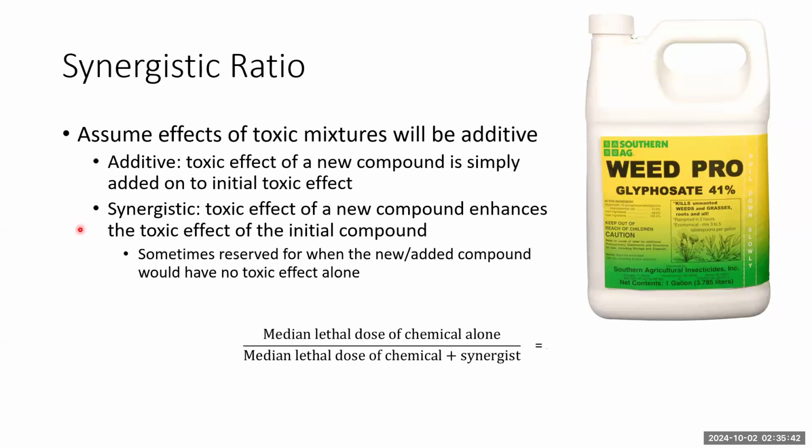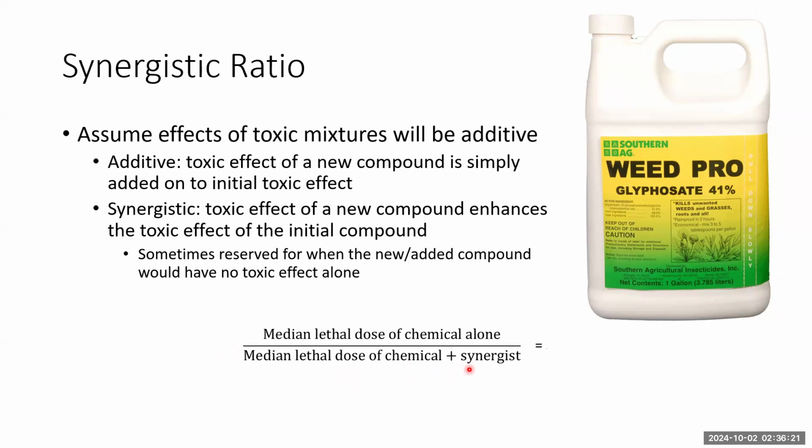So our synergistic concept here says that we add some additional compound, some new compound, to increase the toxicity of our main compound of focus. We can mathematically express this, and we can help to define it, by looking at the median lethal dose, the LD50, of some compound alone, and comparing it to the LD50 of that same chemical plus whatever compound it is as a synergist.